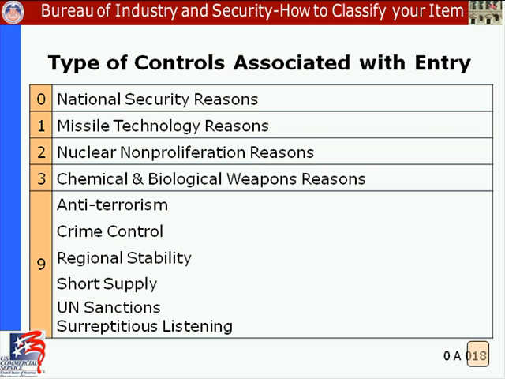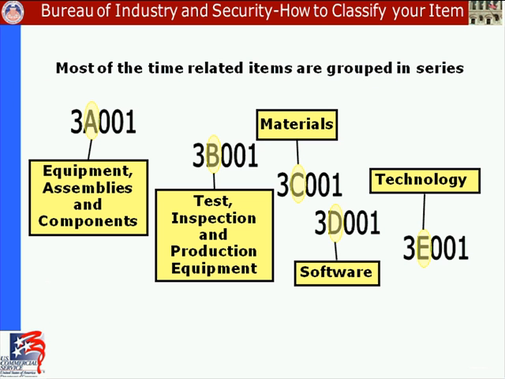Yeah, that's why we control this item. Sort of an anti-terrorism reason, but we have a special reason for control instead of calling it anti-terrorism. All right, that's all the reasons for controls. And you probably think we already have too many reasons. Yeah, we do have many, many reasons.